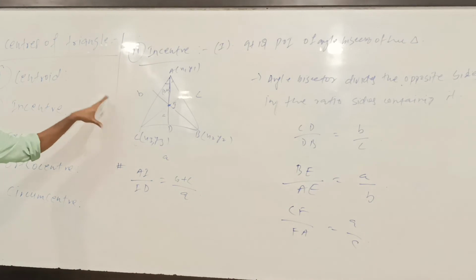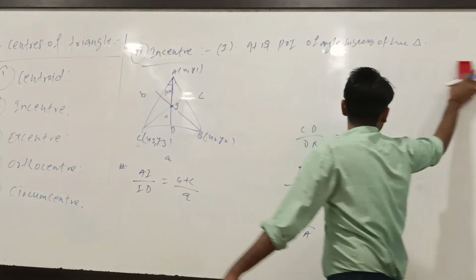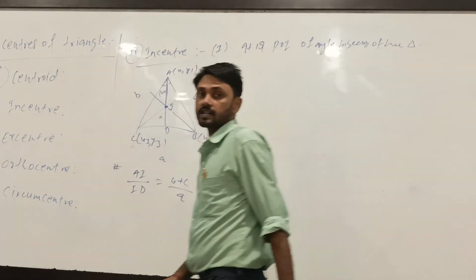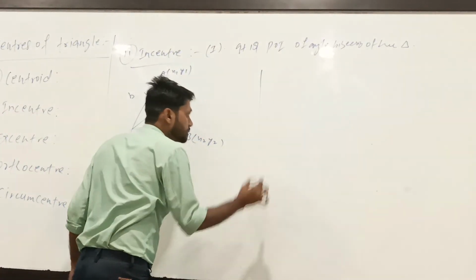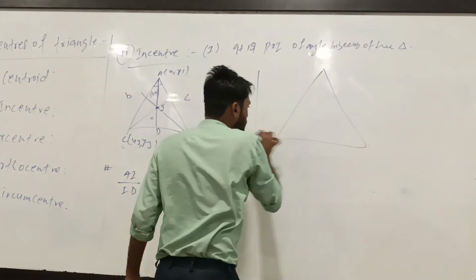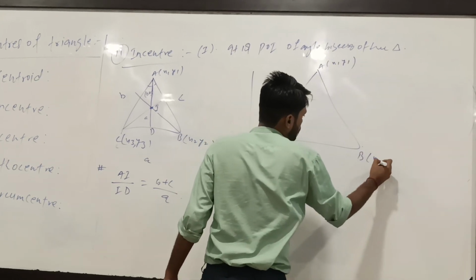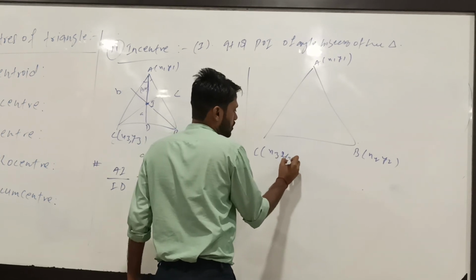Now let's find out what the incenter is and how we can find the coordinates of the incenter if the coordinates of all the vertices of the triangle are given. See, let me draw the diagram again. This is A with coordinates x1, y1, this is B with coordinates x2, y2, this is C with coordinates x3, y3.